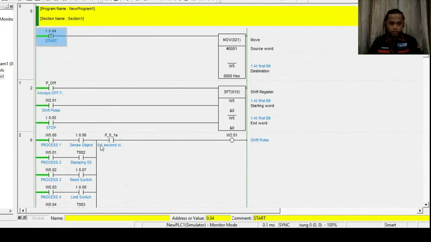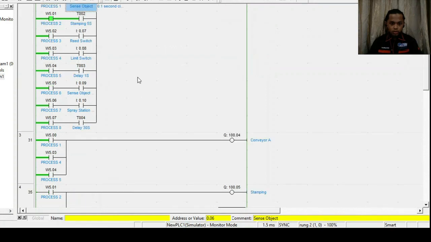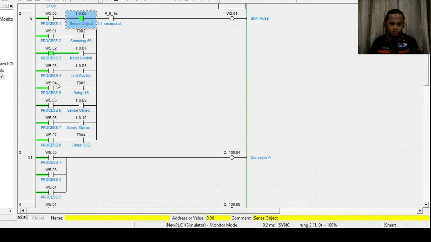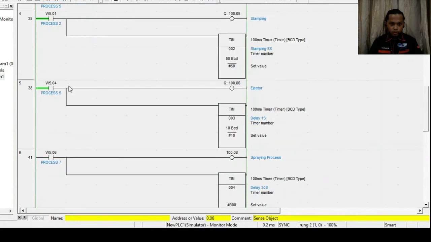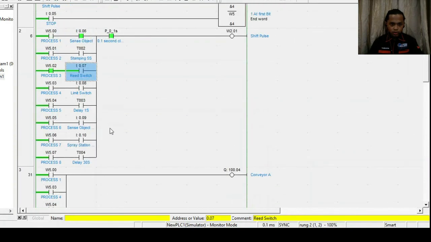Okay, then start. Process 1, where conveyor A is moving until the sensor is on, then conveyor A will stop. So the stamping process is for 5 seconds. Then process 2, then going to process 3, where the reed switch will be placed.